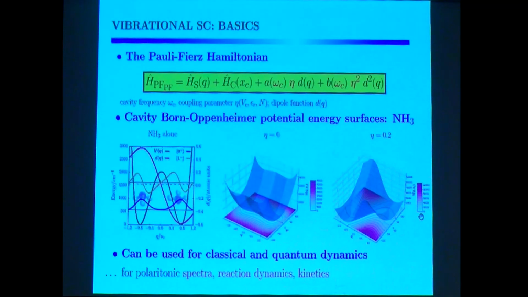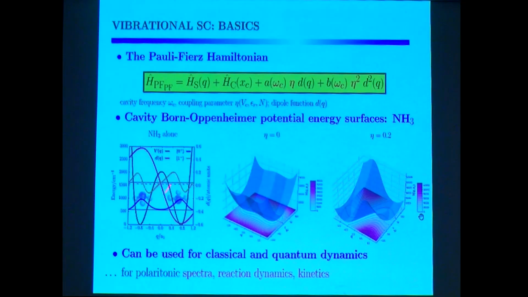So the chairman stood up already. Let me just give you a very brief example. Here we have an ammonia molecule characterized by a double well potential corresponding to the H3 down and H3 up configurations. And if you add this cavity, then perpendicular to it, you also have this harmonic mode.